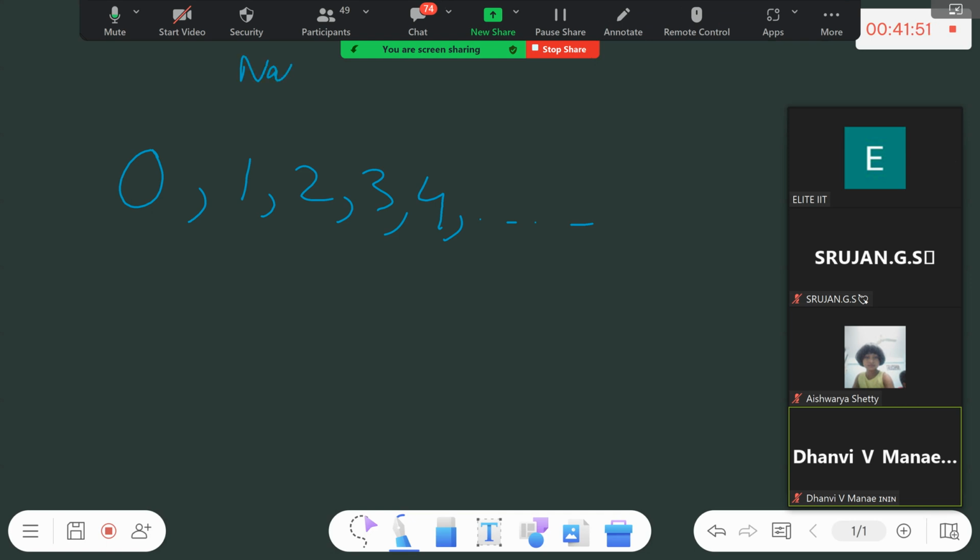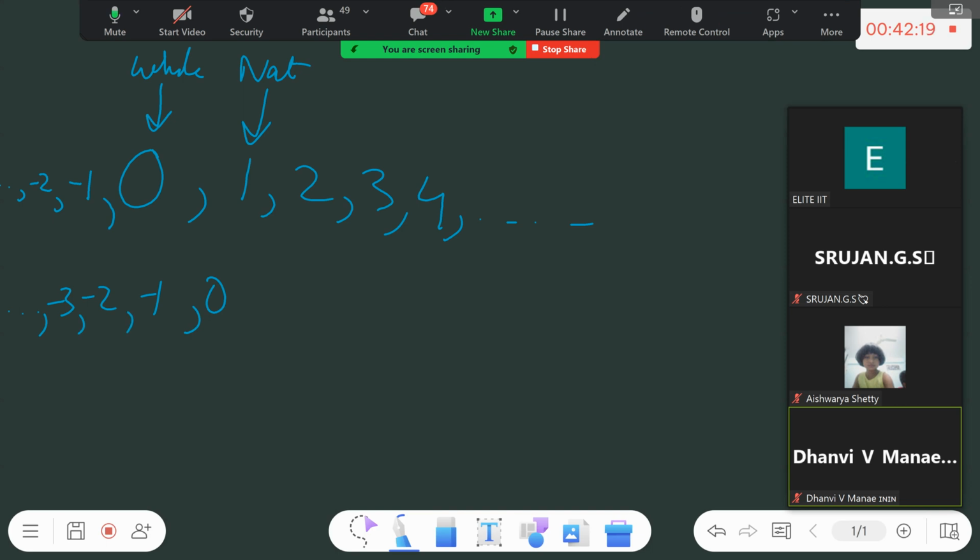Natural numbers start from here, whole numbers start from here, and then come integers. Integers means on the left side of 0, negative numbers: -1, -2, -3 and so on. And it can go on till infinity, correct?